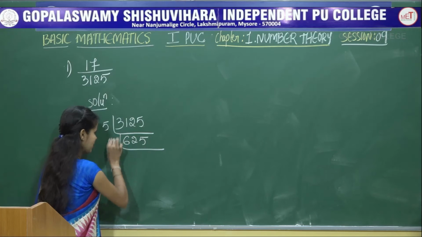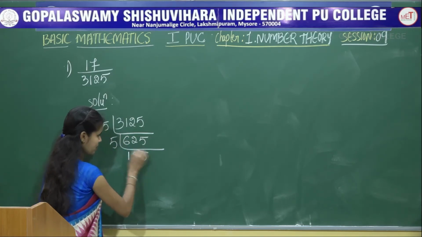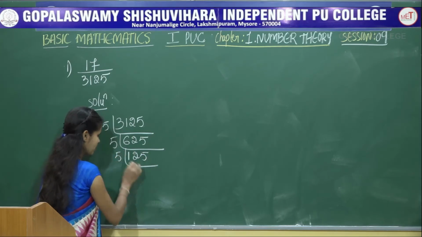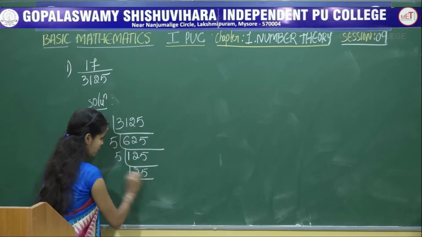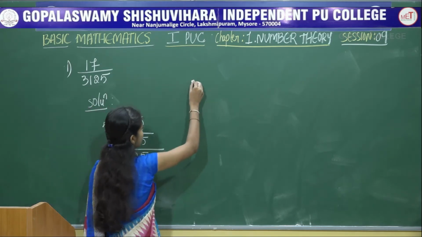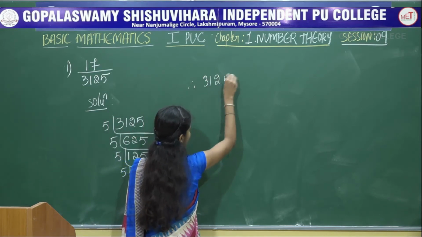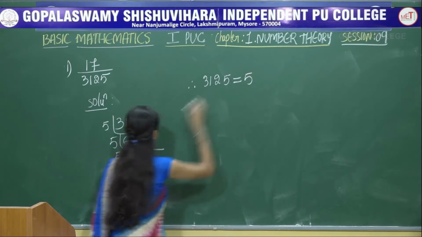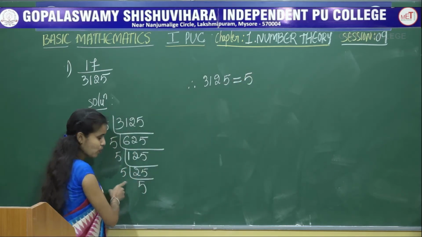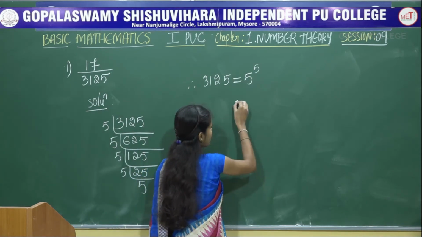Next it is divisible by 5: 5 fives are 25. Again it is divisible by 5, giving 5. 5 is a prime number. Therefore 3125 can be written as 5 taken five times, so 5 to the power of 5.